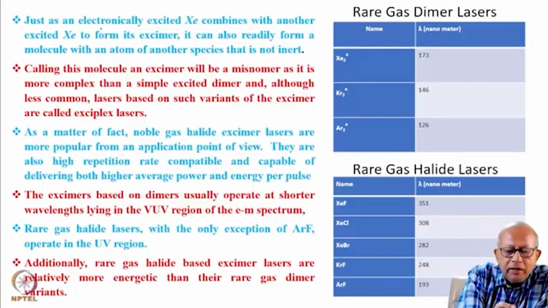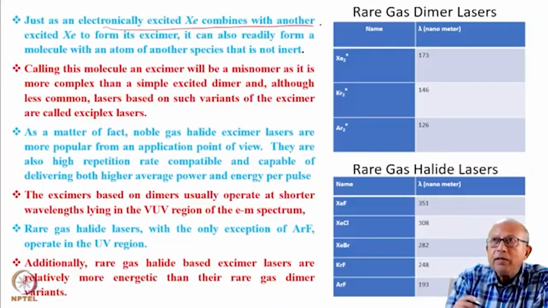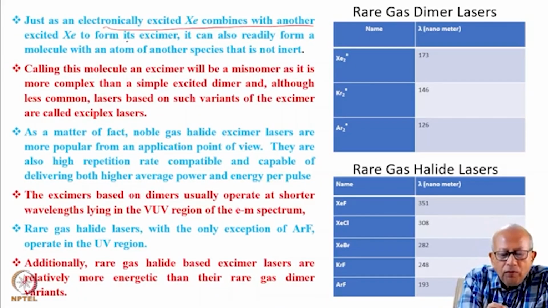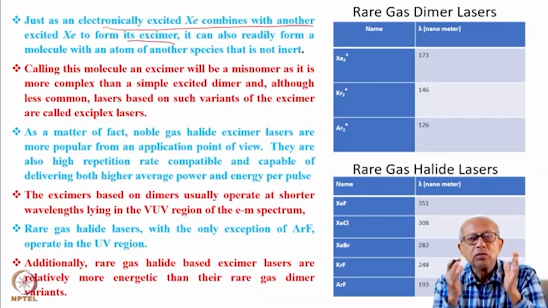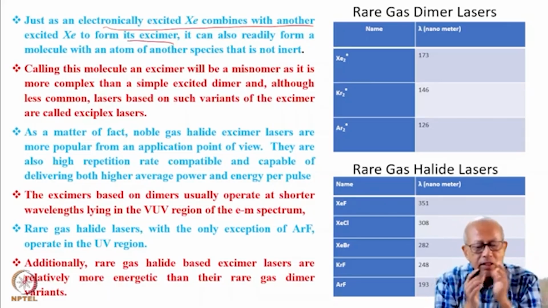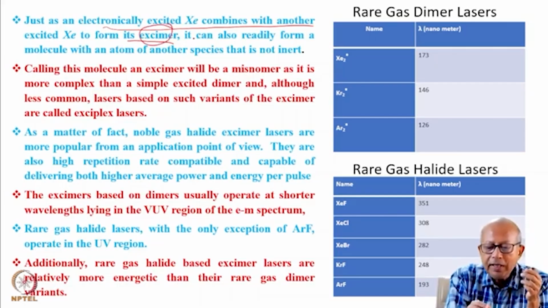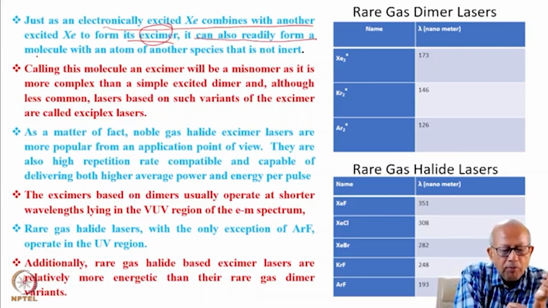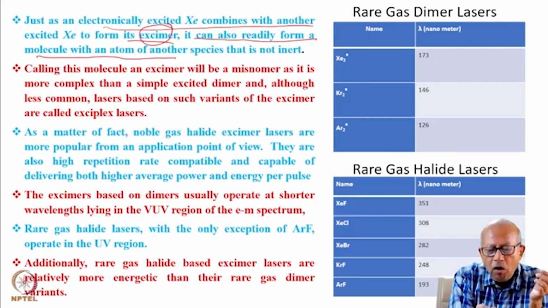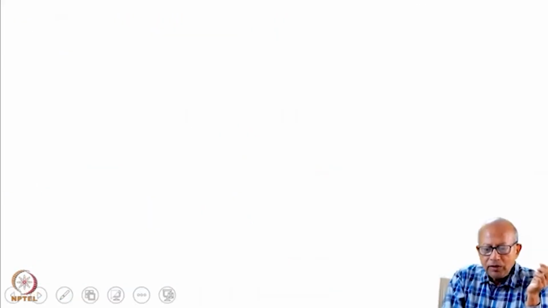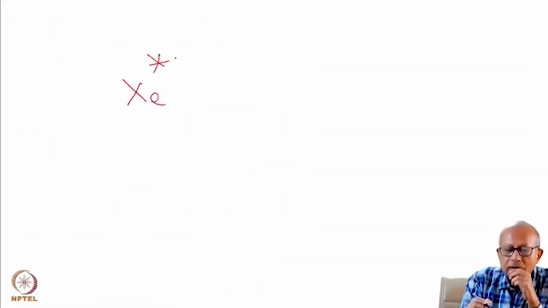Just as the electronically excited xenon combines with another excited xenon, when two xenons combine in the excited state, they form an excited dimer, that is an excimer. It can also readily form a molecule with an atom of another species that is not inert. So what it says is that you have xenon in the excited state.